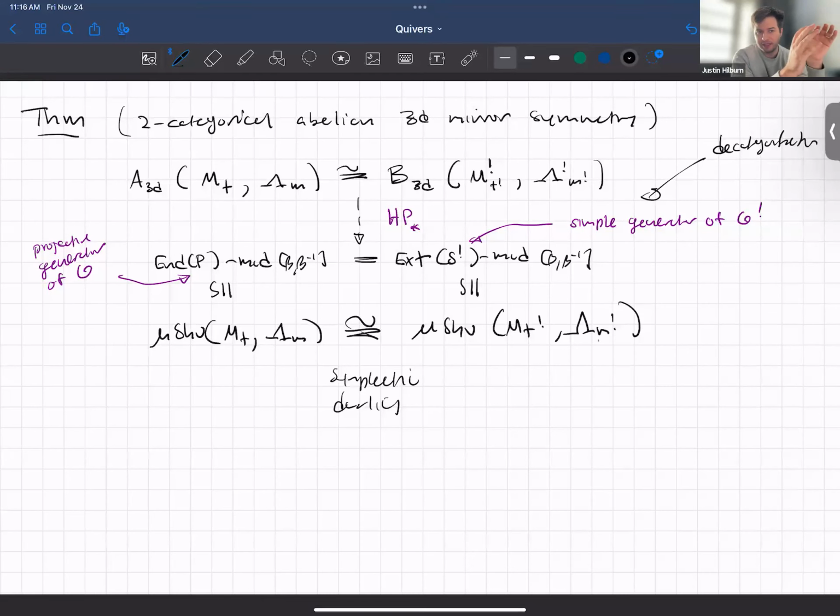And you end up getting an equivalence of those things. That's a statement that Braden, Proudfoot, Licata and Webster called symplectic duality. So if I had been a little bit more careful, this would actually have been DQ modules.